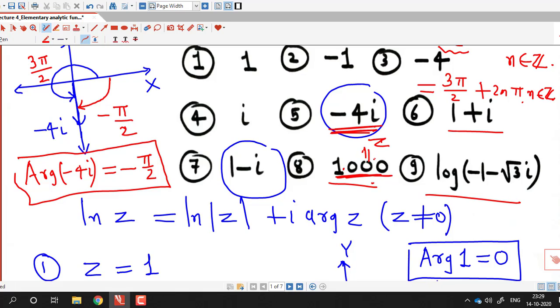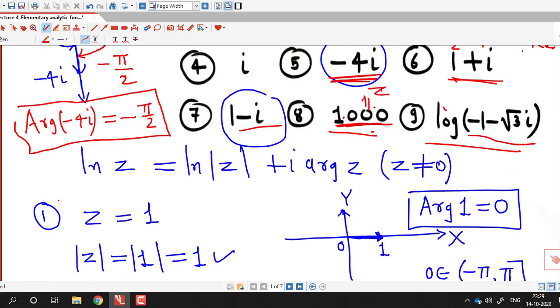So using that absolute value and argument, you can write down the natural logarithm of 1000. This is similar to this one. You can find out the argument using the expression tan theta equal to y by x, and then using the modulus you are able to write down the logarithm of the complex number.